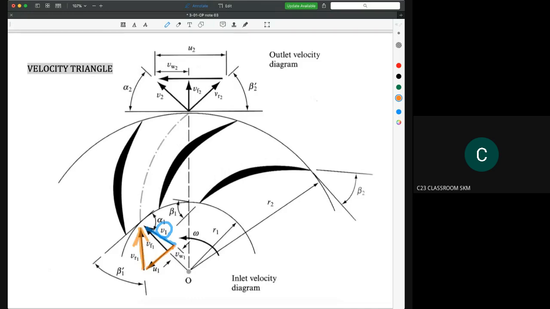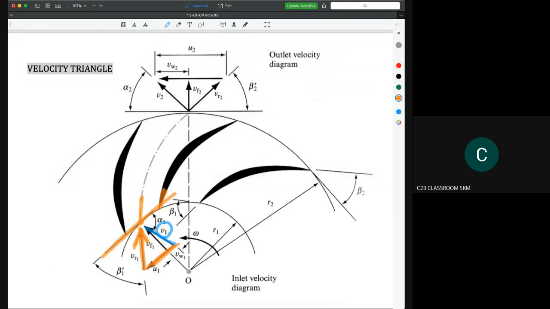The U1 here is the velocity regarding the rotation of the impeller, so normally it will be the tangent of this. The VR1 is the velocity relative to the shape of the blade. If the blade is shaped like this, it will enter at this angle.